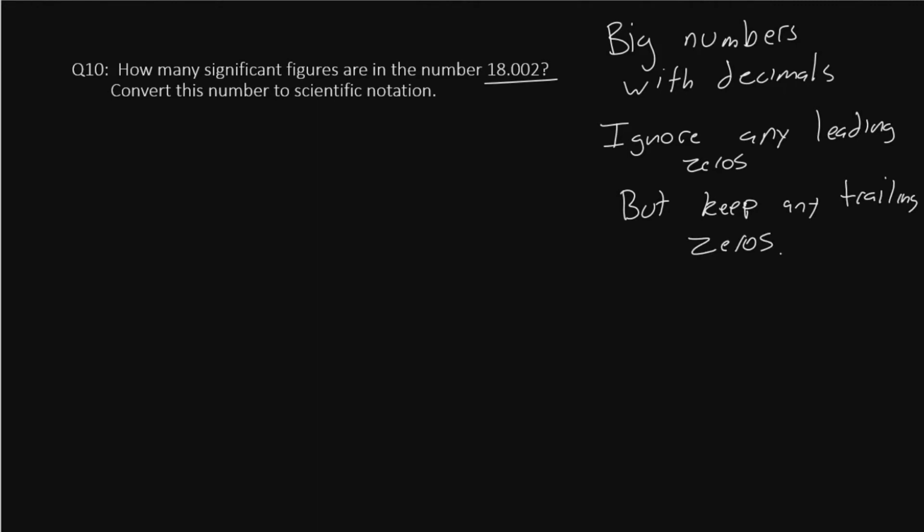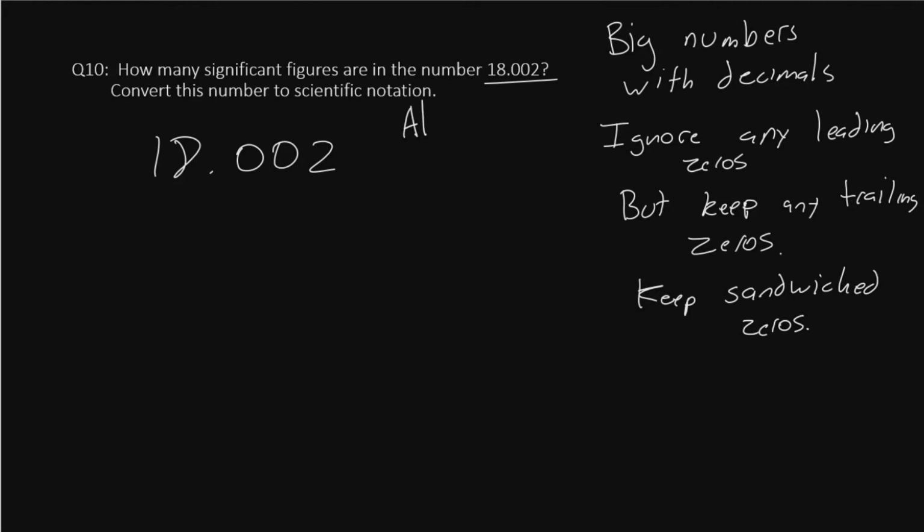So if we have 18.002, we don't have any leading zeros. These zeros in the middle are sandwiched, and we're going to keep those too. So all of these numbers are significant. Therefore, we can say we have 5 sig figs.